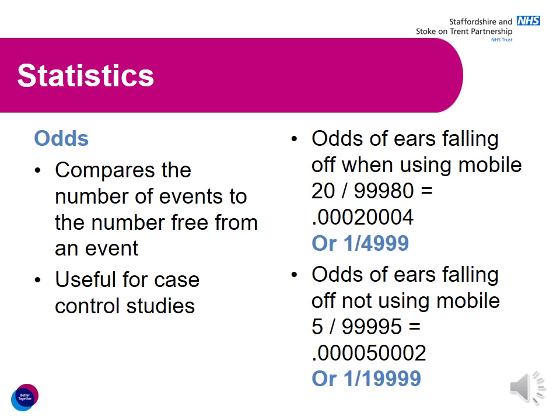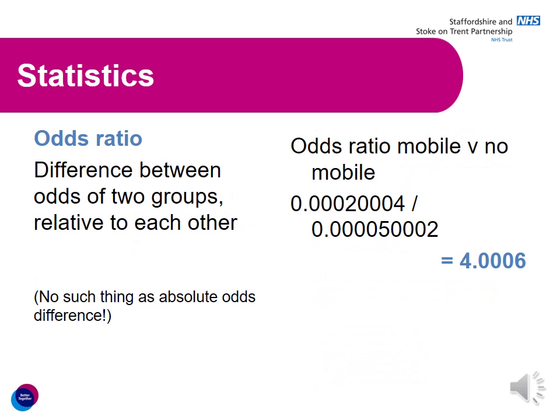19,999. So you will come across something which is called the odds ratio, and that's the difference between the two odds of two groups relative to each other. Now, there's no such thing as an absolute odds difference. And we did see a relative risk, an absolute risk increase, and an absolute risk reduction.